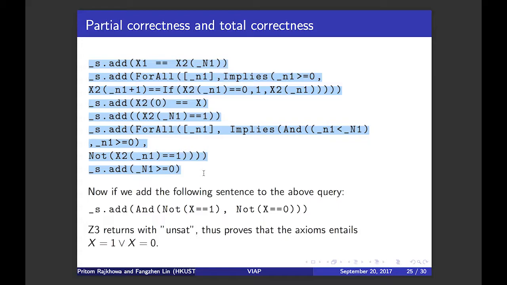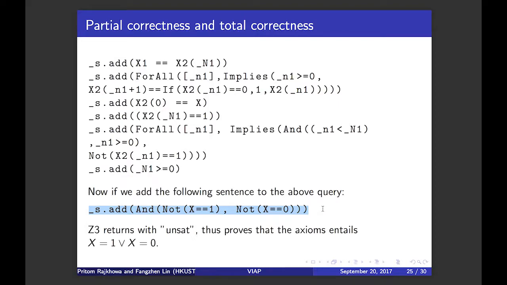Now, if we add these two statements and query Z3, Z3 can entail the following statements, which means that the program can terminate only with the values when x is equal to 1 or x is equal to 0.